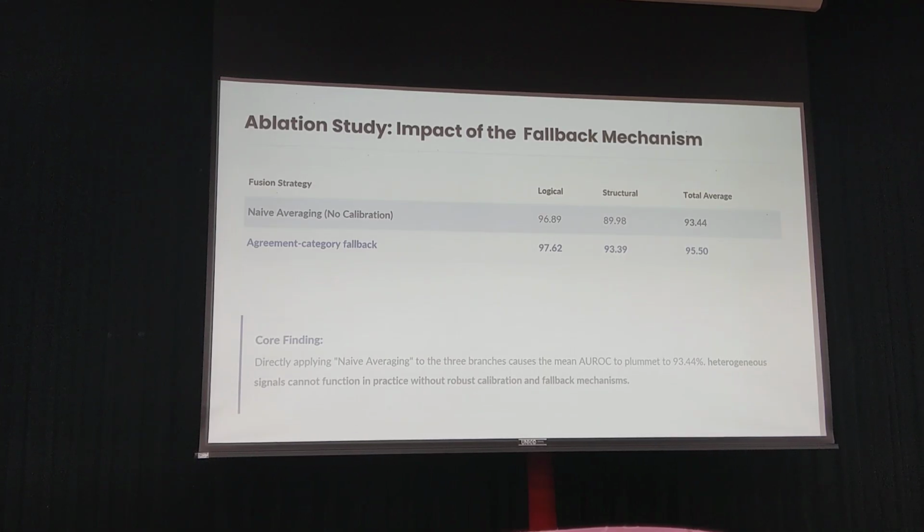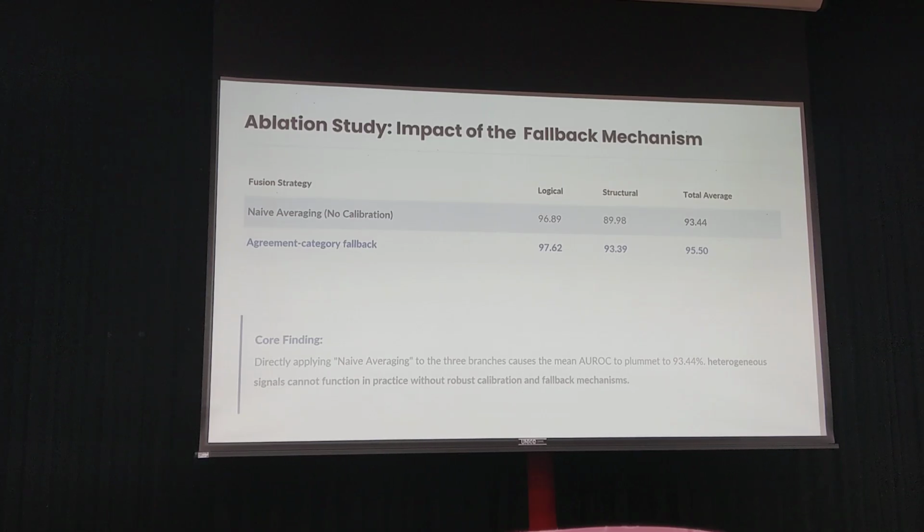This tells us that multi-branch fusion is not reliable because the three branches produce heterogeneous scores with very different distributions. In contrast, when I use the proposed category fallback, the performance improves to 97.62 for logical AUROC, 93.39 for structural AUROC, and 95.5 for the total average.